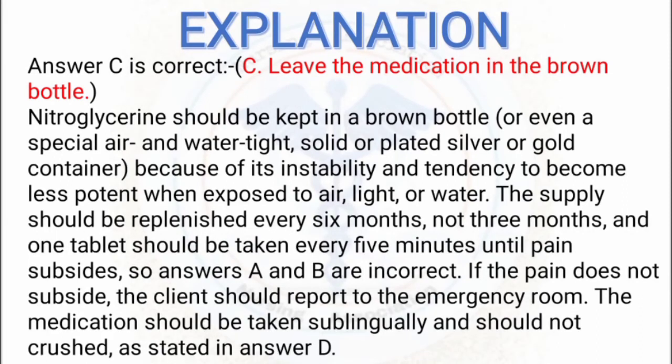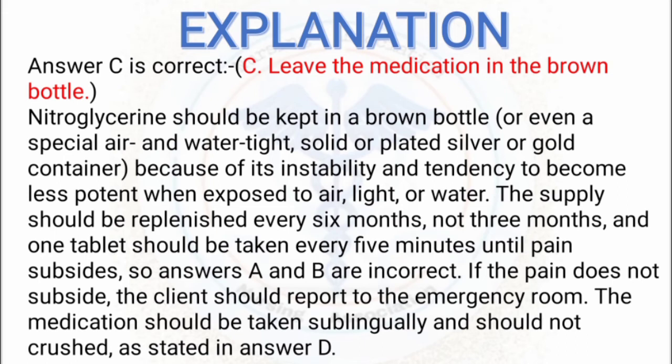So here the patient is admitted with angina and we have to prescribe nitroglycerin. Nitroglycerin is given to patients suffering from coronary artery disease, heart attack, or high blood pressure, or we can say chest pain as angina. By giving nitroglycerin to the patient, we have to keep it in the brown bottle because of its instability and tendency to become less potent when exposed to air, light, or water.